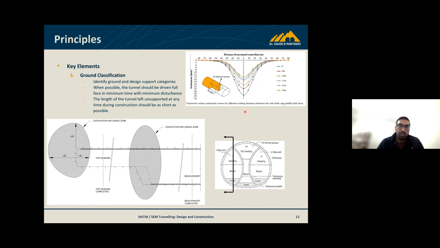So if you have your tunnel somewhere down here, then with distance away from the tunnel center line, you can figure out how much the ground is going to deform and react appropriately, whether it be improving the ground or changing the geometry, or whichever way you're able to ensure that settlement isn't an issue to the surface assets or any other structures adjacent to the tunnel that you're trying to build.